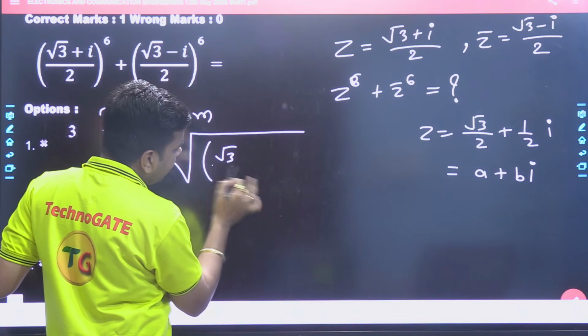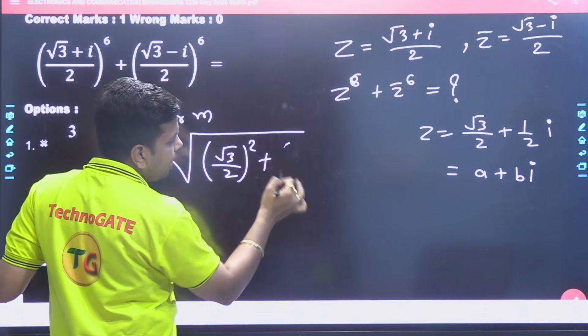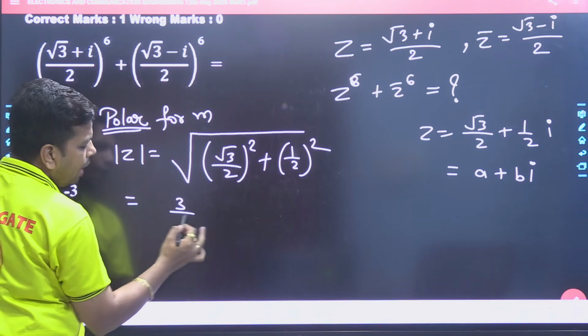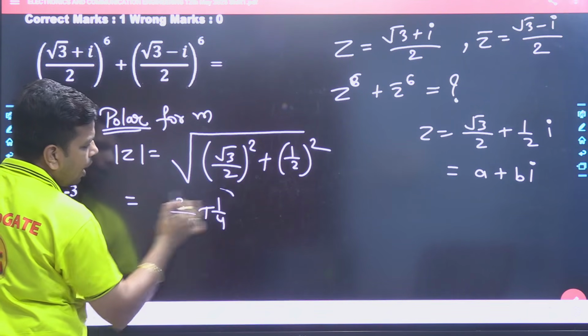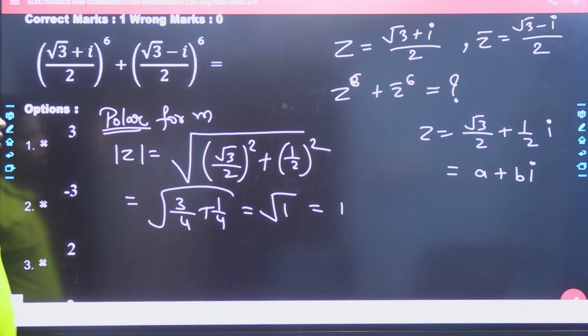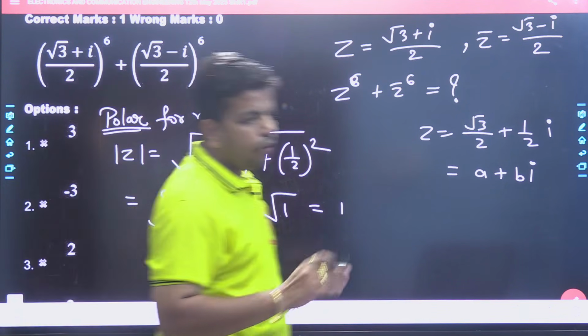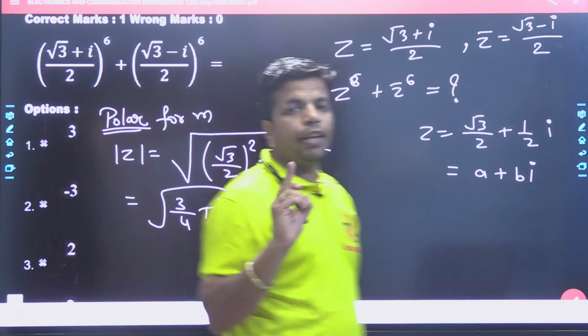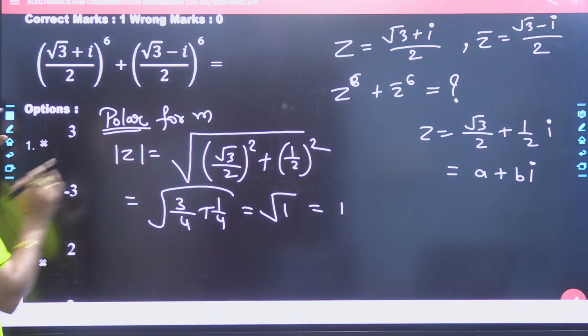What is the value of a and what is the value of b? b is 1 by 2. So whole square is like that. So this is 3 by 4 plus 1 by 4 under the square root. So this becomes 4 by 4 square root, 1. So 1. So with the help of that, we can conclude that the modulus of z gives you the value 1. Okay, let's see here.